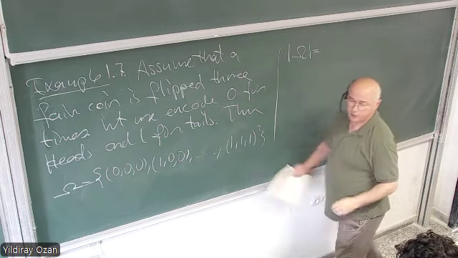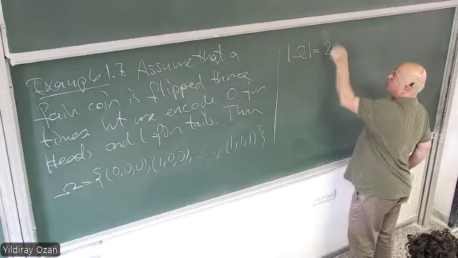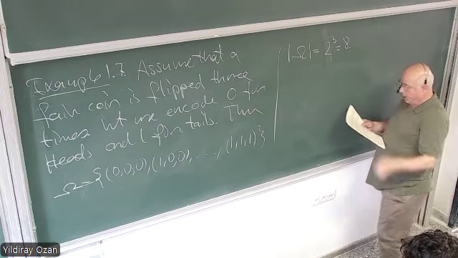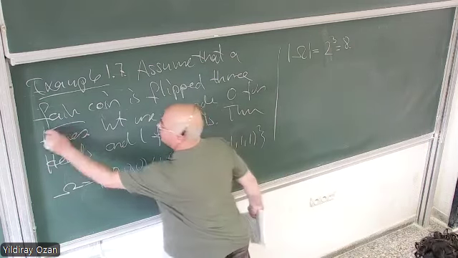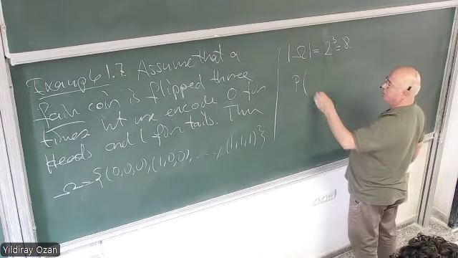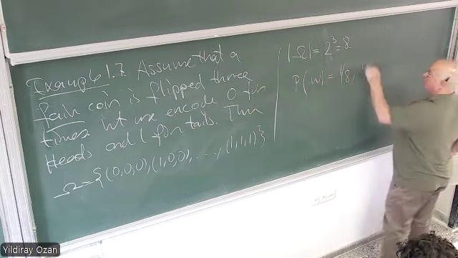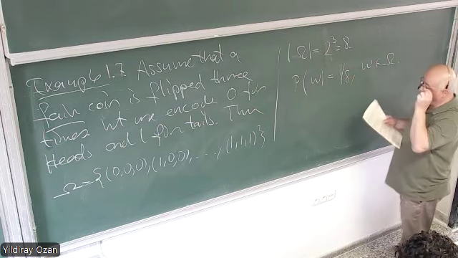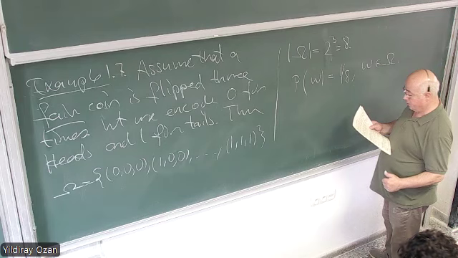Of course, we have just 8 triples, 2 to the power 3, 8 triples. And since it's a fair coin, the probability of any sample will be just 1 over 8, right?